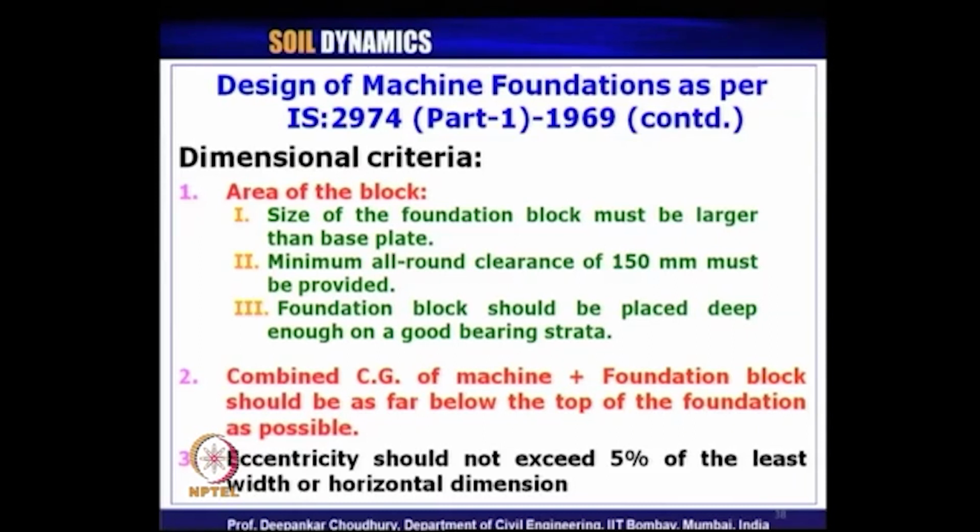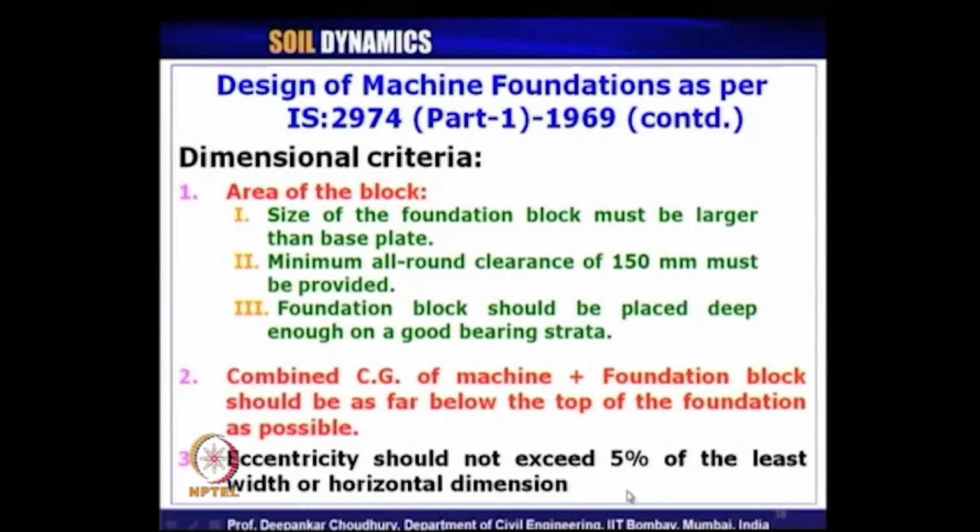Because if there is some eccentricity arising out of your operation of the machine in future, or if some additional loads are allowed later on the foundation, it should not create rotational vibrations in future. So, that is why if you keep the CG of the entire system as low as possible, obviously the generated moments and loads coming on the foundation will be much lesser.